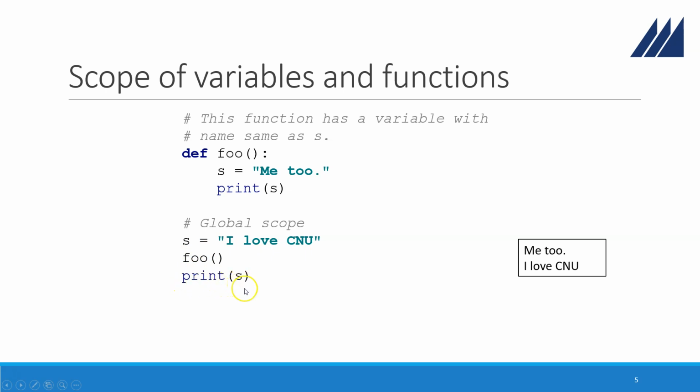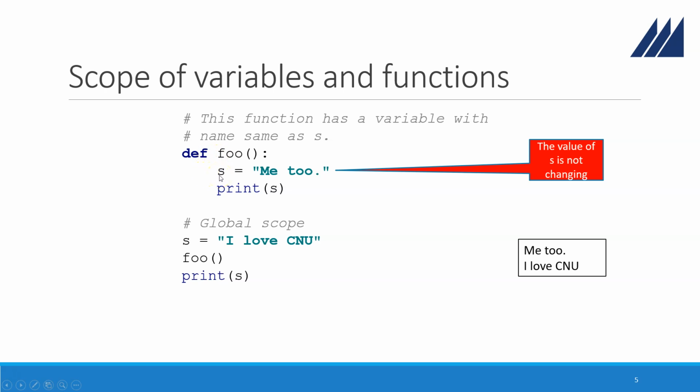Okay, what is going to be the output from this? First I assigned s to be I love seeing you, which is fine. It did not change anything. I just assigned a value to a variable. Then I called the foo function. The program went to the foo function and found this s.